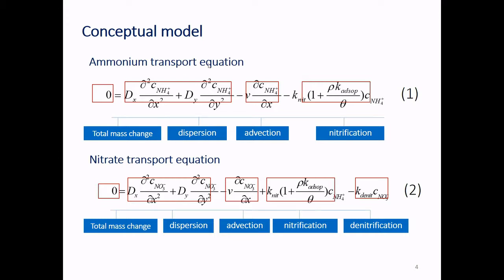This is ammonium, and we consider advection and dispersion and nitrification. And for nitrate, this is advection, dispersion, and we have extra mass due to nitrification and the loss of nitrate due to denitrification. For VZMOD, we can solve these two sets of equations without any problem because it's a 1D simulation just between drain field and water table.